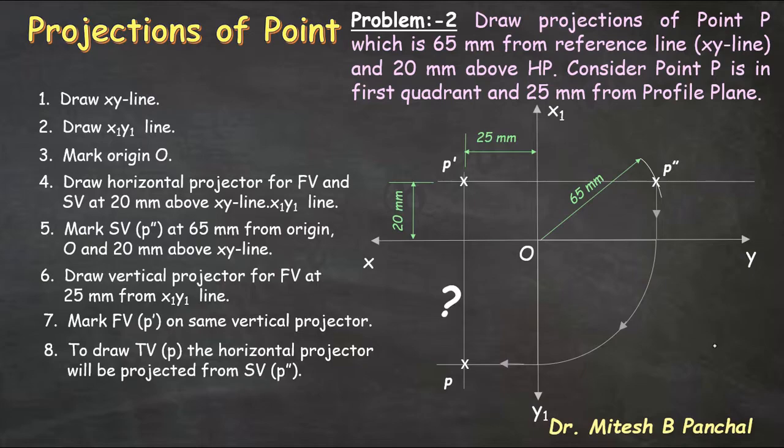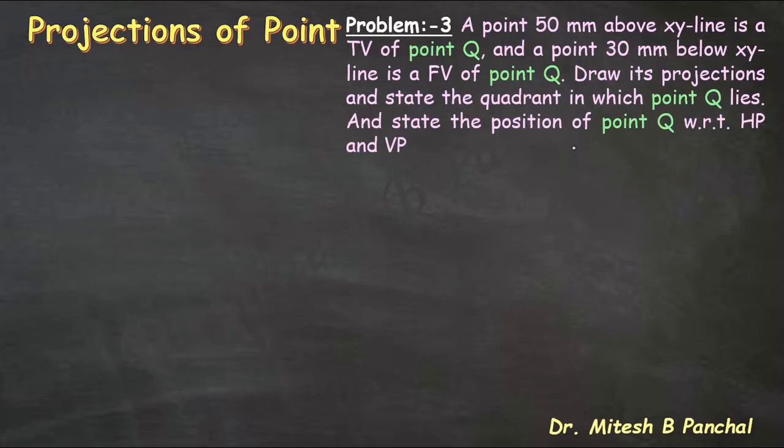Now we will go for the third problem. Carefully read this problem. The problem statement states that a point 50 mm above the xy line is the top view of point Q. Means the first line states that the top view of point Q is 50 mm above the xy line.